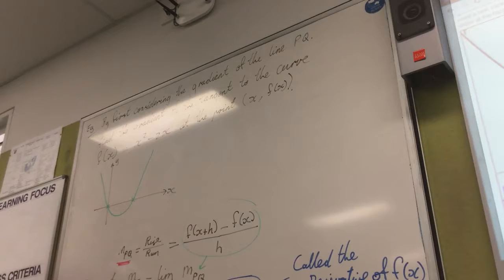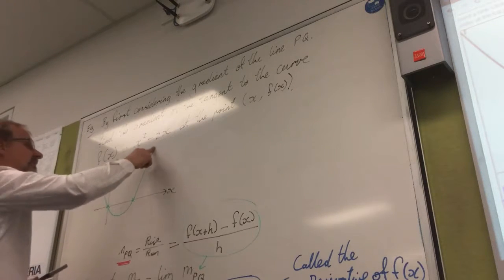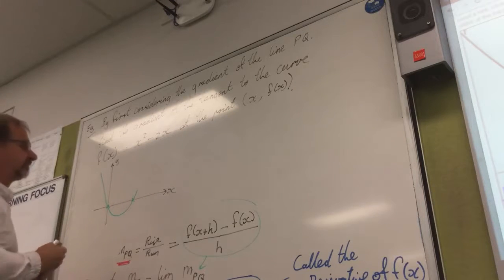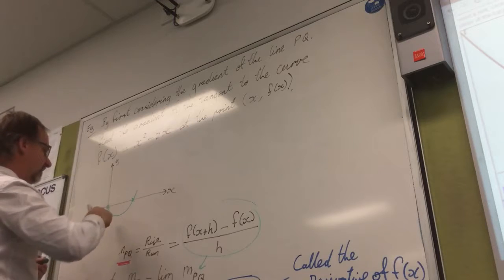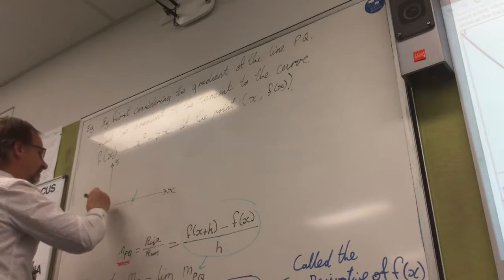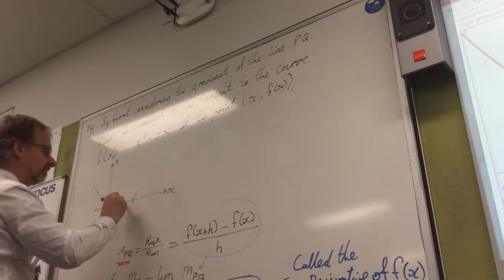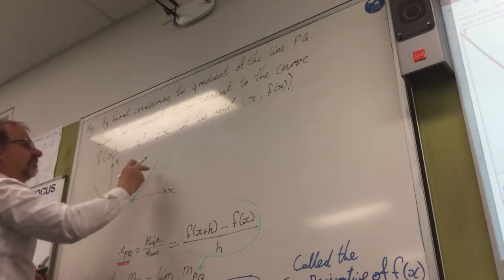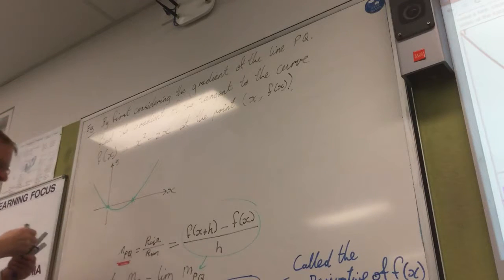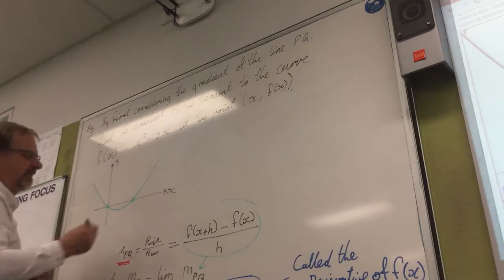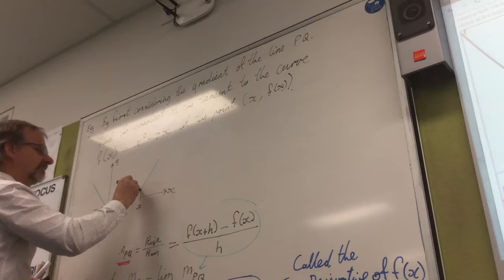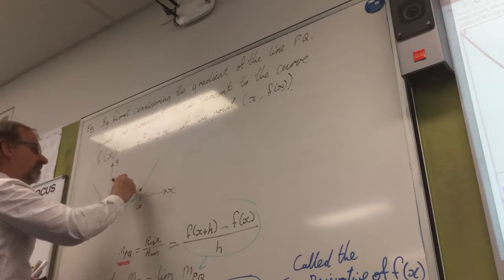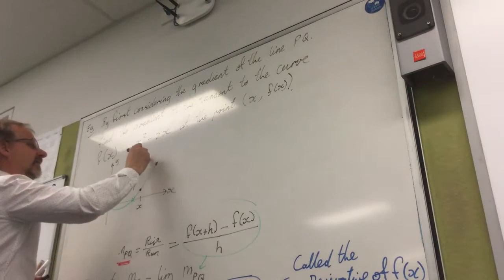I just want it a bit wider, it's going to make it easier. So that's point X, that's point P, and that one over there is point Q.